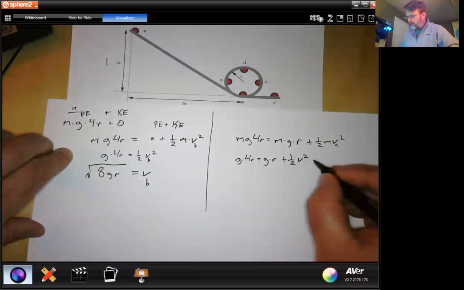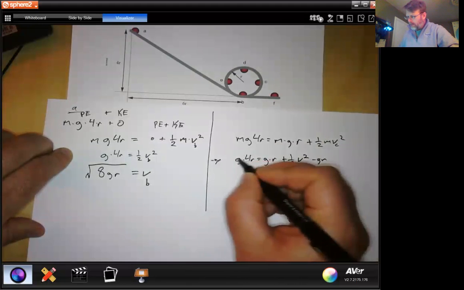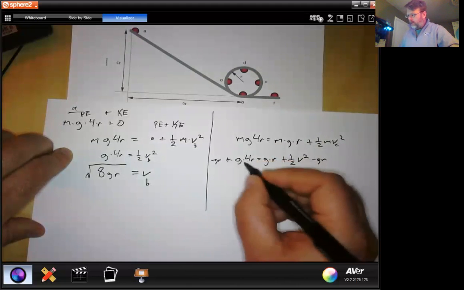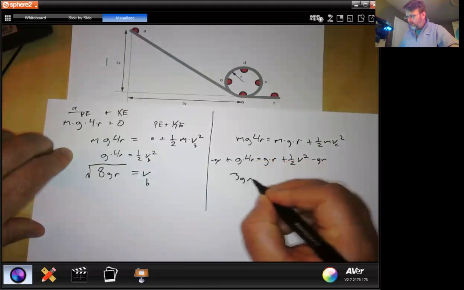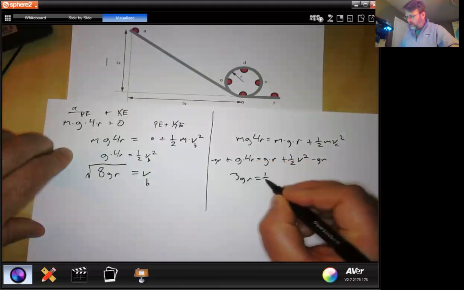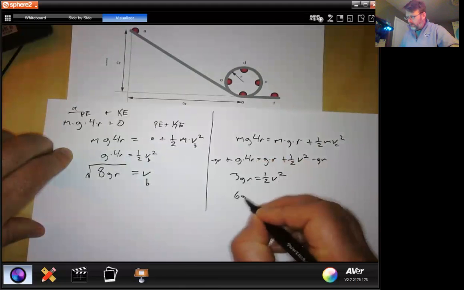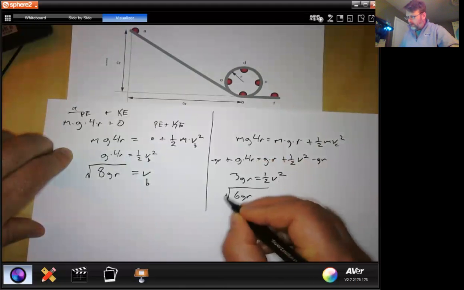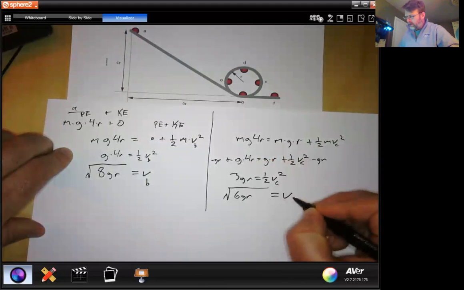Now we could subtract gr from each side. If we have 4 grs and subtract 1 gr, we get 3gr equals 1/2 v squared. Multiply both sides by 2. Take the square root. And that was the velocity at C.